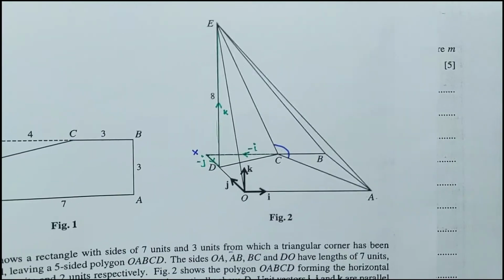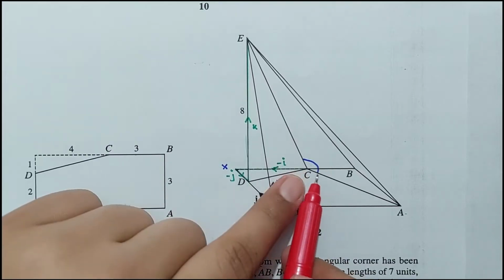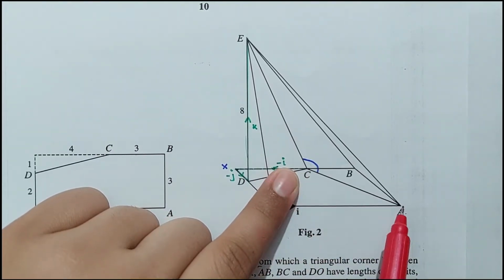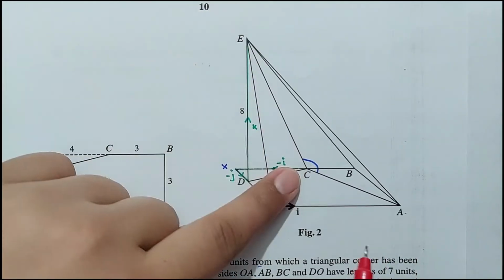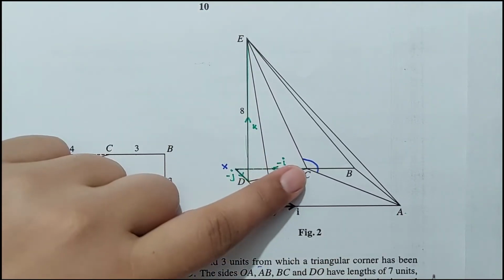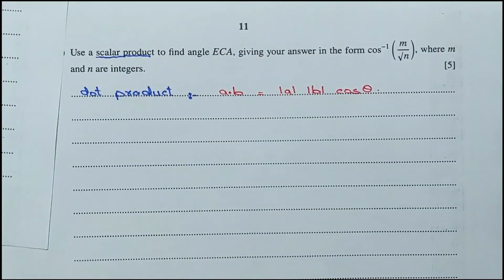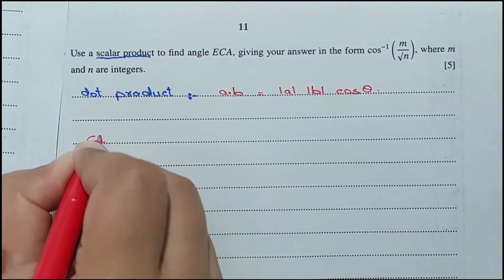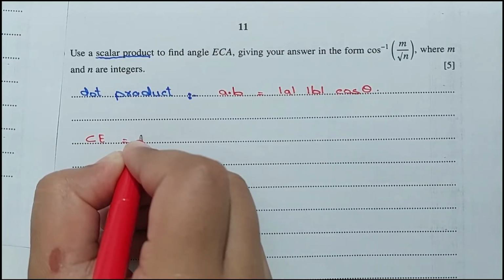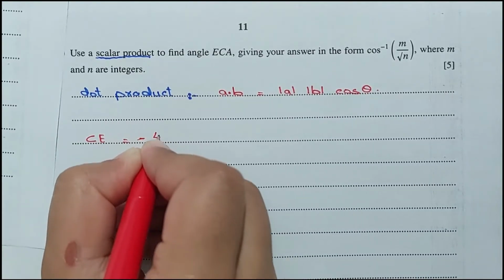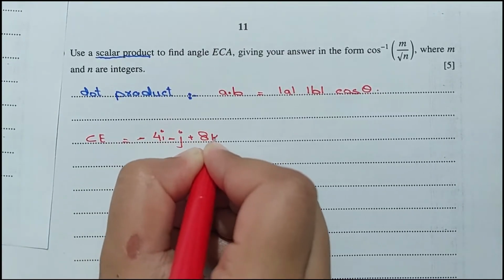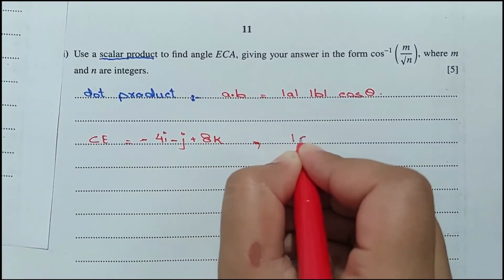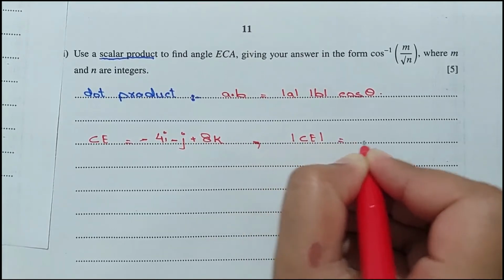Now what are A and B in this case? This is the angle we have to calculate, so we need the dot product of CA and CE. We have CE from the first part: CE is minus 4i minus j plus 8k, and its magnitude is 9.